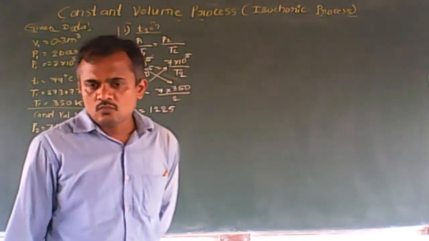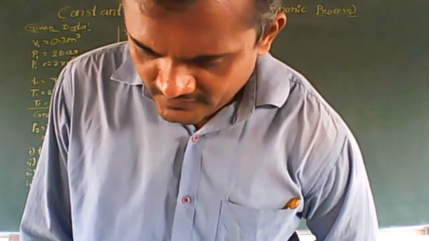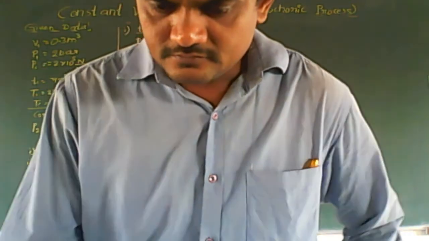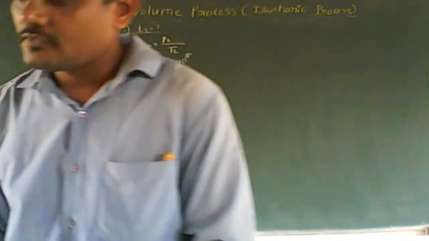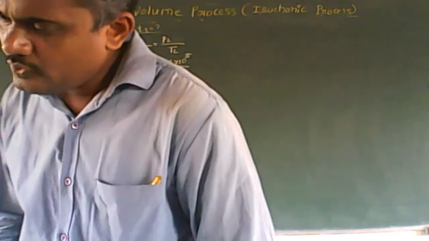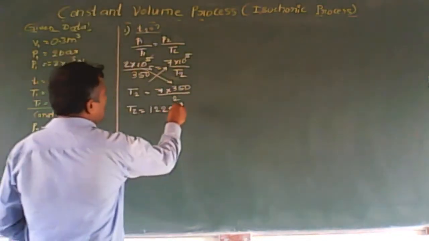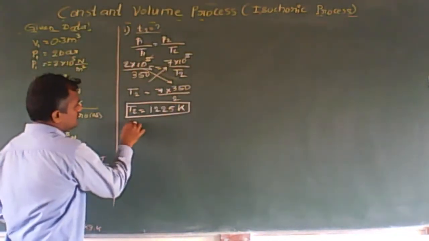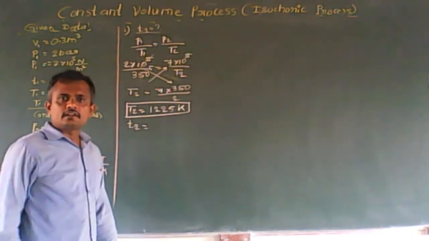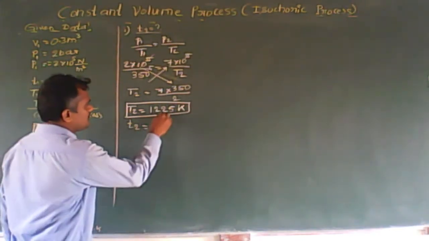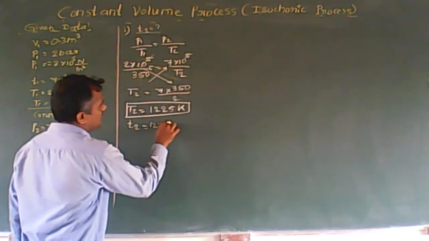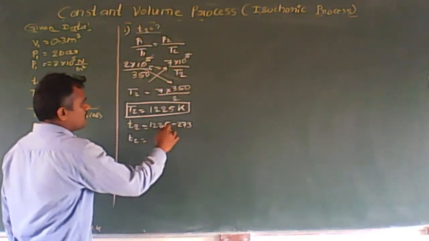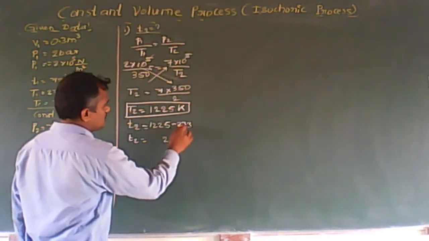Okay, so 1225 is the answer. So the answer is 1225 Kelvin. Okay, so you can write this in degree Celsius also by subtracting 273. 1225 minus 273. What are you getting? 952.